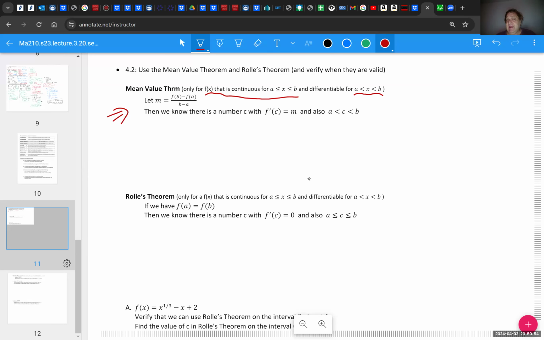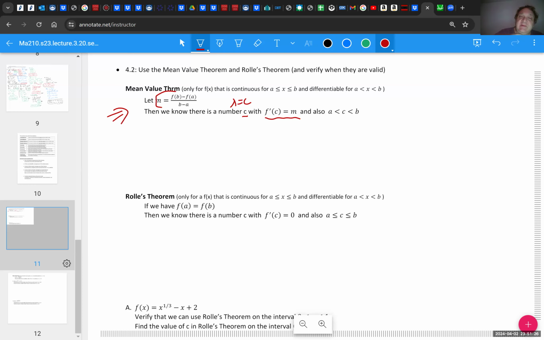We also have the idea that we can find slope. Slope is y2 minus y1 over x2 minus x1, just reminding you that that's our slope formula. So what does the mean value theorem say? Well, if you have this continuous and differentiable function, then we know that there's some x number, some x equaling c, where the derivative evaluated at that c is exactly equal to the slope through the endpoints.